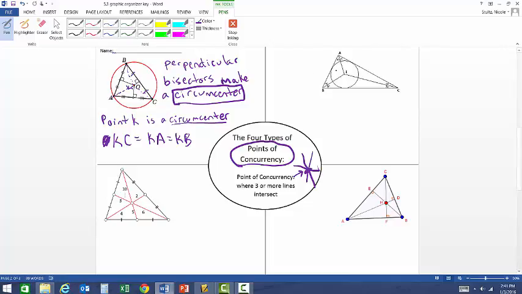In the second figure, these are all angle bisectors. And where they come together at point I, we call an incenter.